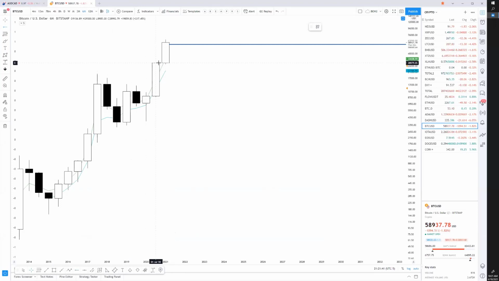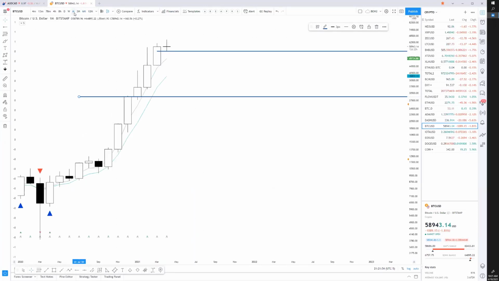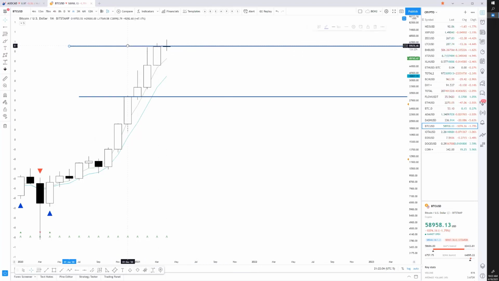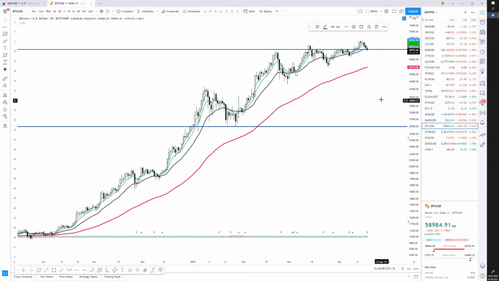So kung maghahandaman tayo ng pullback, kunyari mag-pullback ng May, ang pwede natin gawin is to use the open of the 6-month range as our support. Resistance will be, pwedeng gamitin yung open for this or yung low ng range na to. But just to be consistent with how we do it, ito yung effective range na paghahandaan natin sa kanya.